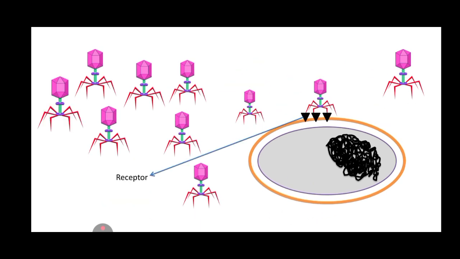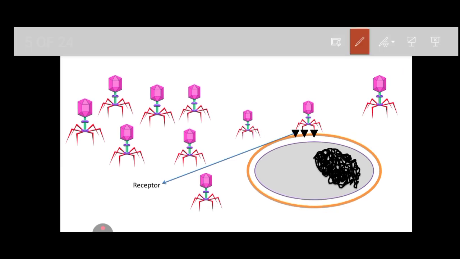And how does a virus identify its host, because there are different types of bacteria growing in a microenvironment, right. There are several different types, and how does a virus particularly identify its host? We already know that viruses exhibit a phenomenon called what?